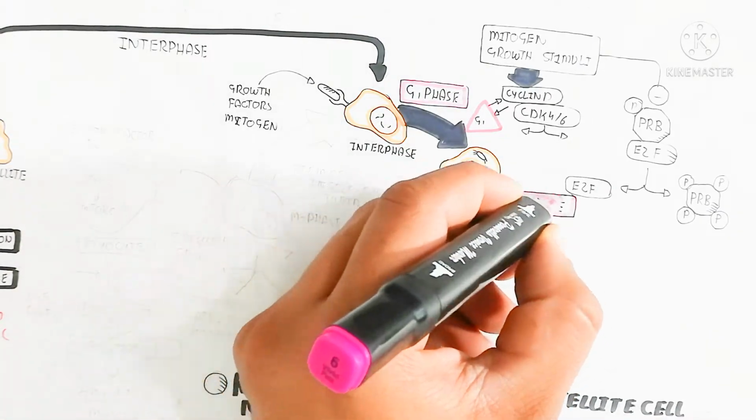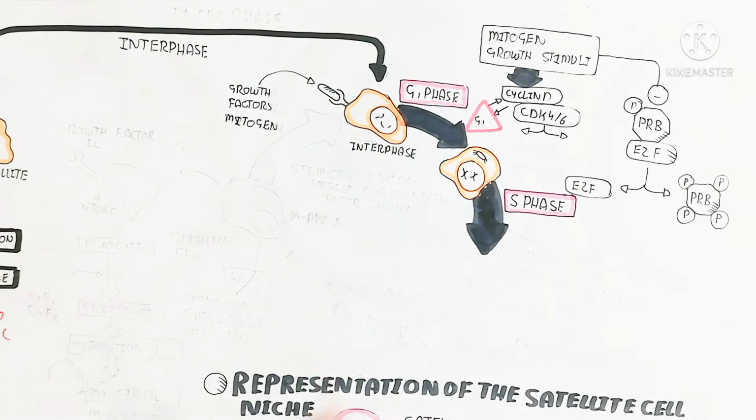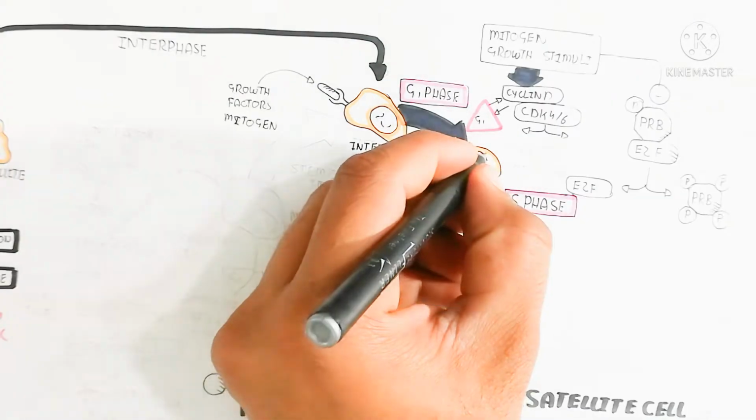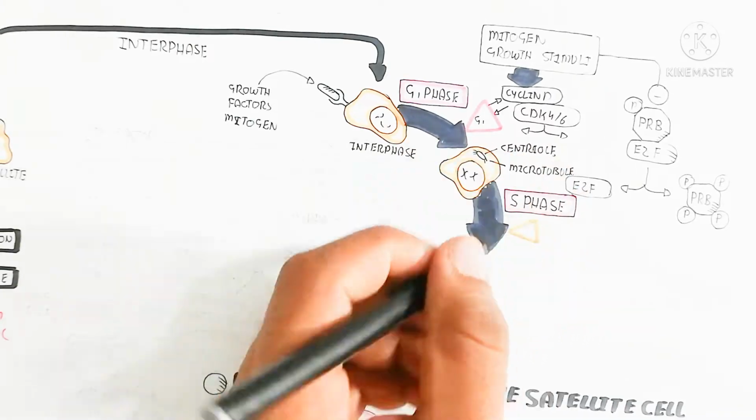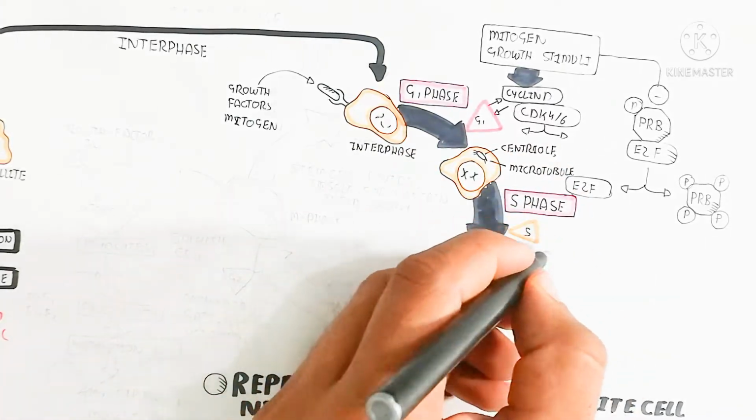Because the excessive production of cyclin E and CDK will lead to cancer. So it will be inhibited, due to the retinoblastoma protein binding with the E2F.